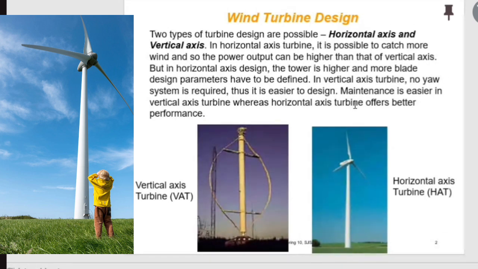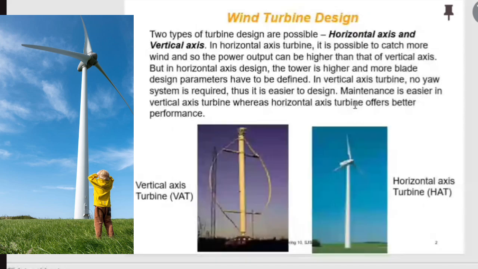And as I told you last time, there are at least 4 parameters that you consider. You should always think about the technical side, economical side, environmental, as well as social.